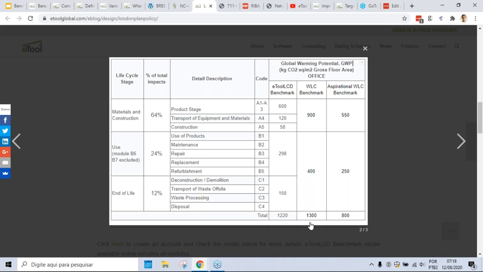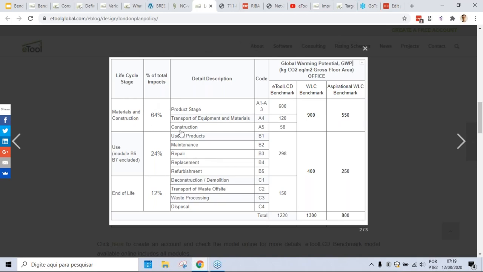So this gives you an indication if you have a project that is 10,000 square meters, 20,000 square meters, you already have a ballpark figure of your embodied impacts, excluding operational, because operational will vary depending on location, grid mix, and etc. So starting to give you an understanding of the ballpark figure, what the impacts, the majority of the impacts are.